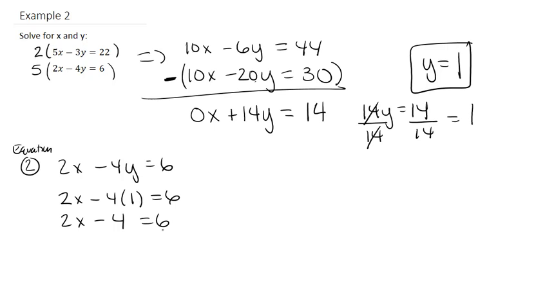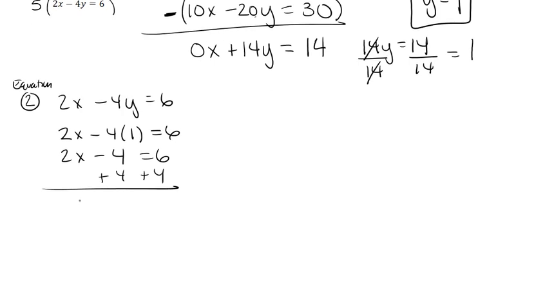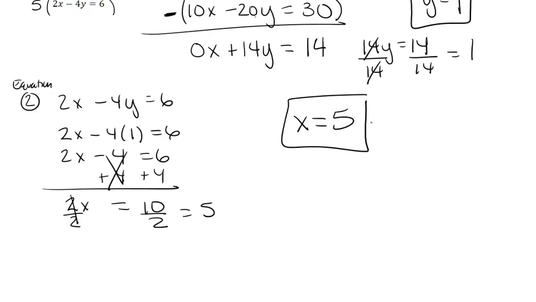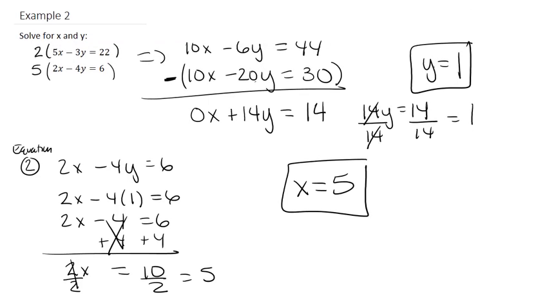Then, in order to get x by itself, we need to add 4 to both sides. So we're left with 2x, we cross these out, which is equal to 6 plus 4, which is 10. Now we need to divide by 2 on both sides. So x is equal to 10 over 2, which is 5. So we have x is equal to 5, and y is equal to 1 for both of these equations.